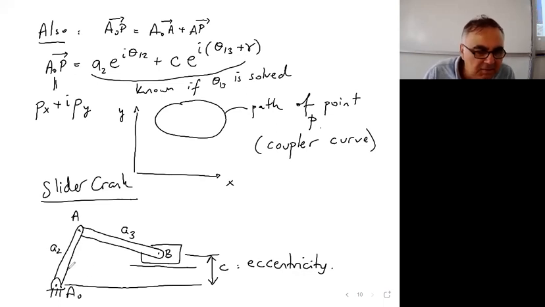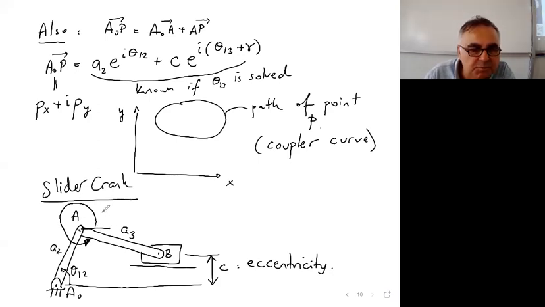Okay, angles now. This angle is theta 1, 2. The crank angle is theta 1, 2. Now this link 3 might have an angle, we measure them counterclockwise, so it's a big angle, it looks like.